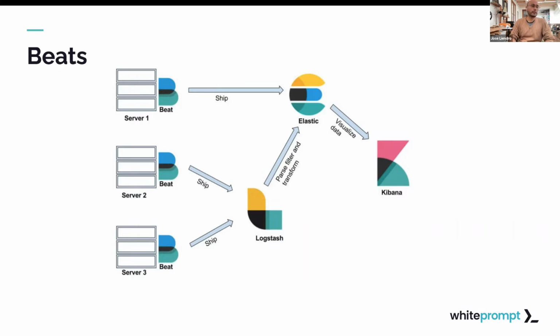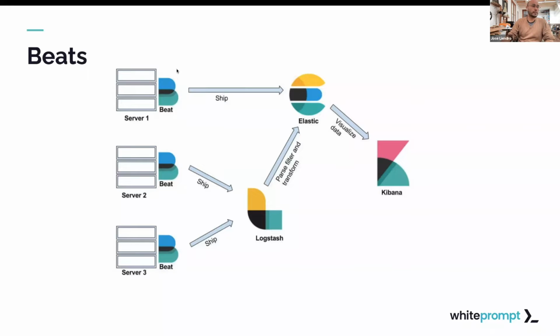They will forward real-time logs to the system, and as well we can have different types of Beats, different flavors. We can have, for example, Metricbeat that will send resource metrics like CPU, memory, network, and as well in case we are handling containers with Docker, for example, we can have metrics about how they are working.